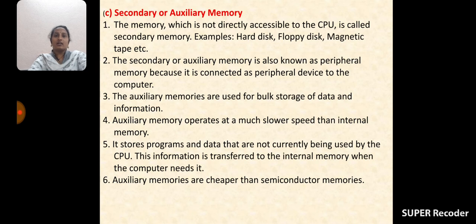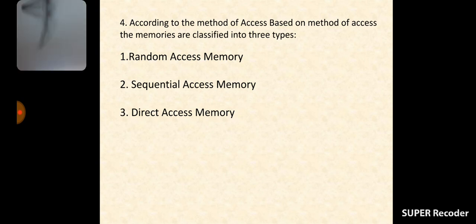If it is outside of the computer, that is called secondary memory. Auxiliary memories are used for bulk storage of data, and they operate somewhat slower than internal memory. Why? Because it is taken from outside.